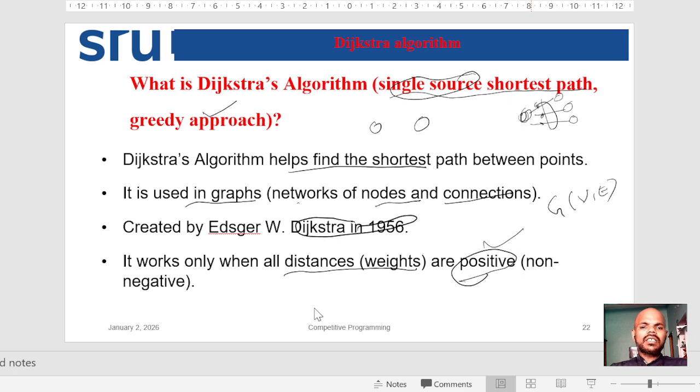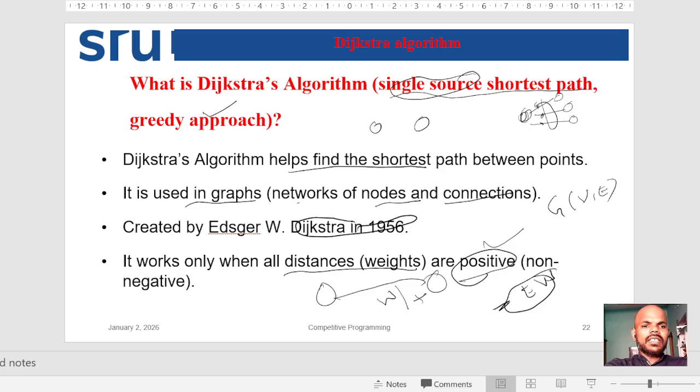That means between one node and another there must be an associated weight, and at the same time it should be positive. Then only it will work. One of the drawbacks of Dijkstra is that it will not work with negative edge weights.